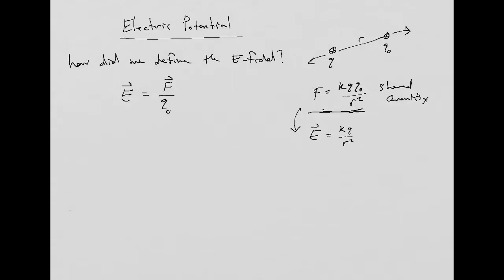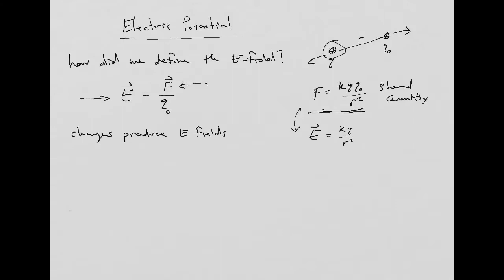So we've claimed that charges produce electric fields. And so we go from this quantity which is shared between the two to a quantity that tells us something about only the charge that's producing the electric field, Q.